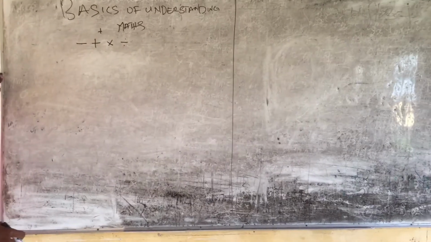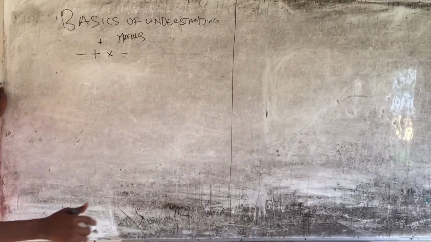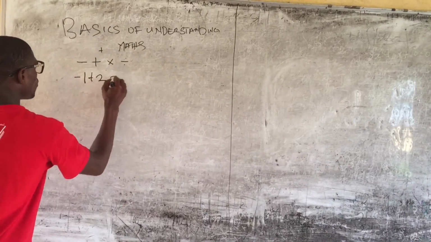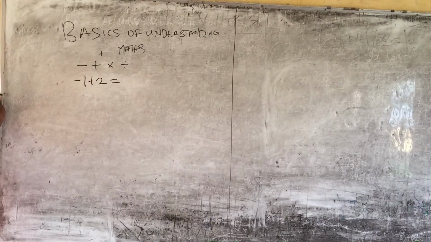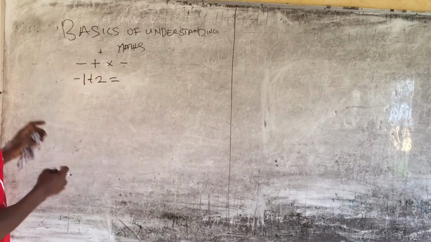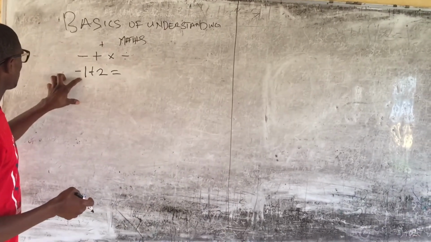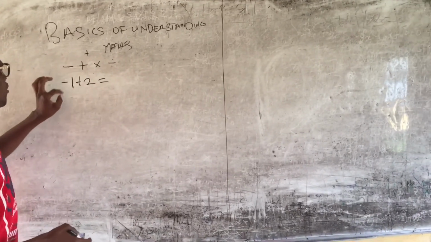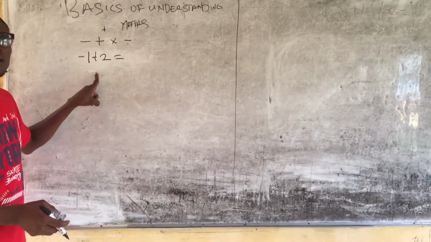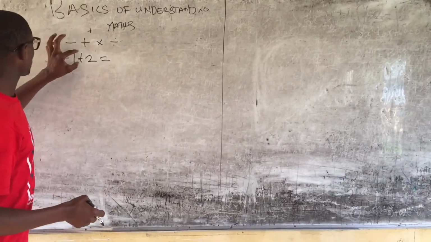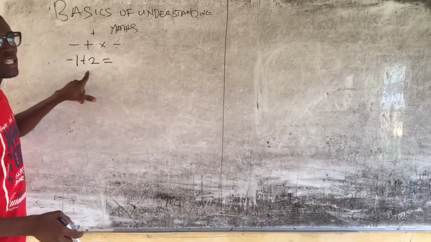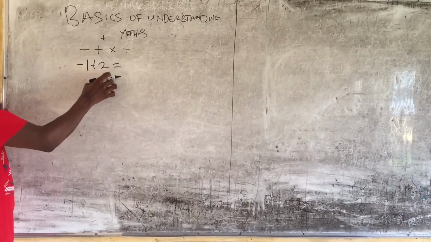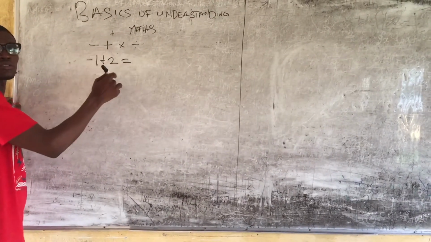So now, let's go deep. Assuming I have minus 1 plus 2, what will be the result? Now bear this in mind. Where you have an equation or an expression and you have two numbers, one of the numbers bears negative, the other bears positive, you look at the number that is highest or the maximum in that expression or equation.